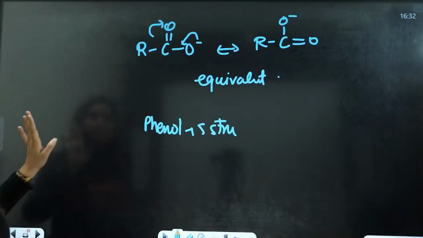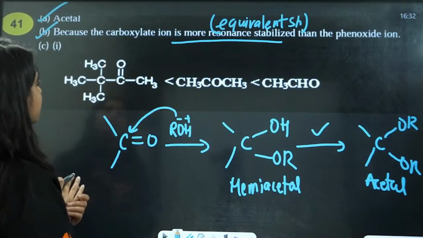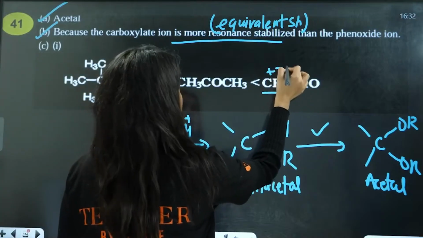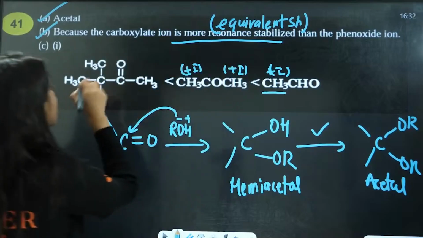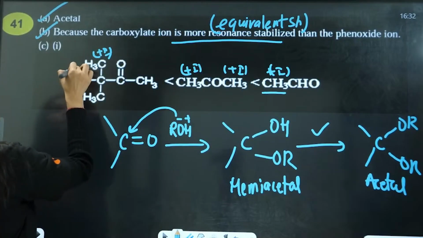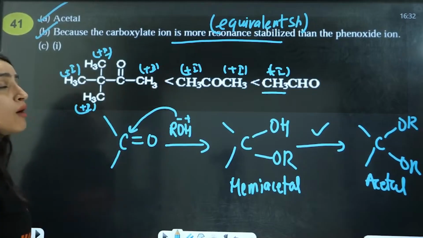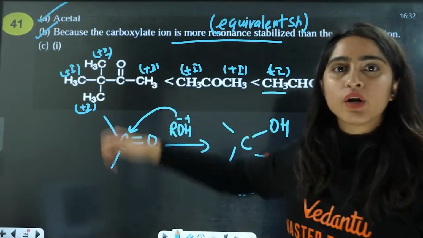Now let us see this. Here you will see these are the three compounds. This is giving plus effect from two places, from 3 and 4, from 4 CH3 groups. That is why it is not electron deficient.